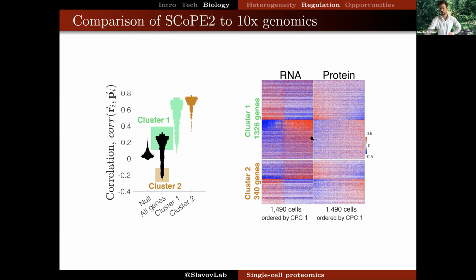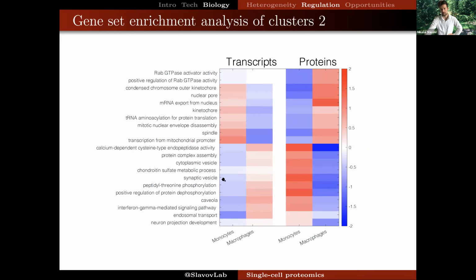And we found one cluster where, at least qualitatively, genes had similar abundances at the protein and at the RNA level. And then we also found hundreds of genes for which the opposite was true, that the protein levels showed different abundance from the RNA levels. And these genes here were fairly strongly enriched for signaling functions such as RAB GTPase activity, and other related functions.